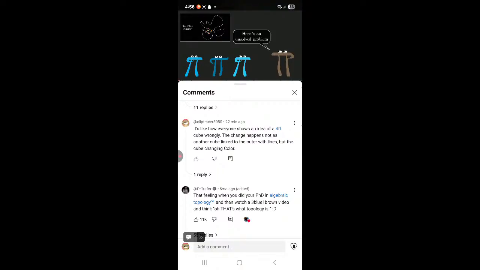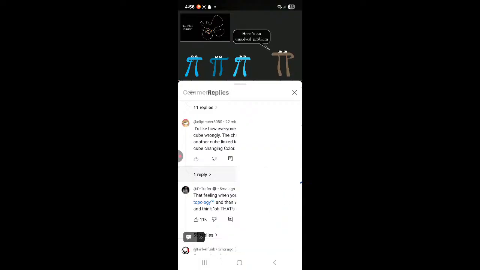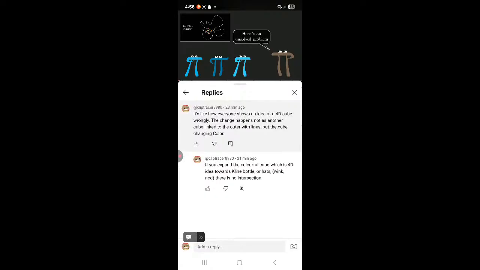The change doesn't happen as another cube linked with outer lines, but the cube is changing color. If you expand the colorful cube, which is the 4D idea, towards the Klein bottle or hats, there is no intersection.